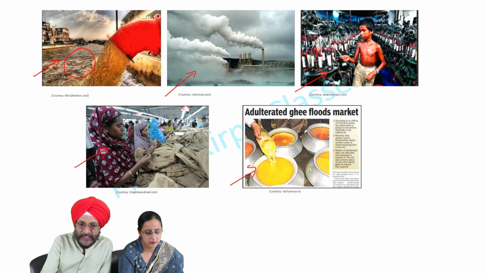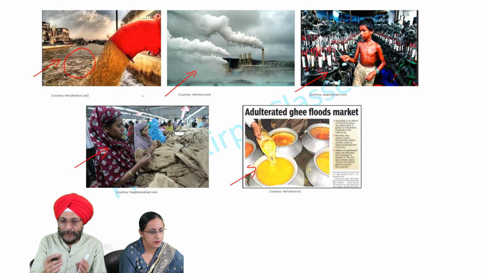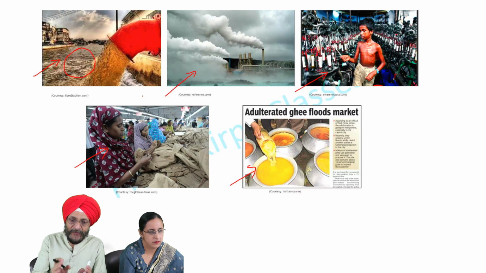From all these pictures, you can see that the ultimate motive, whether it is pollution or child labor or working conditions not being proper or adulterated products being flooded in the market, the main motive of some of the persons or organizations is only to earn profit. They do not care for the welfare of the society in any manner.